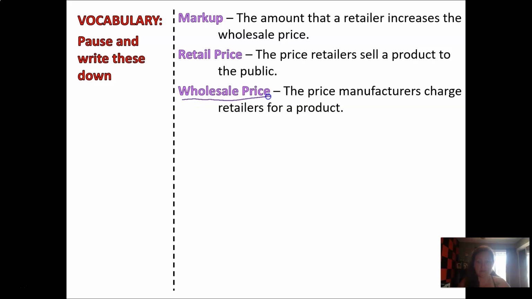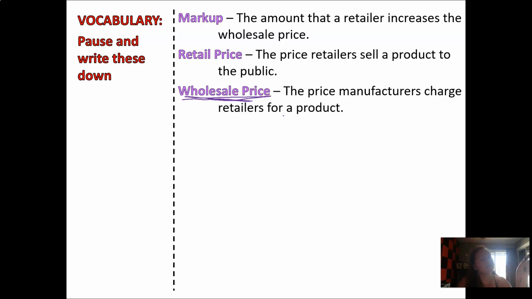So wholesale price. Wholesale price is the price that manufacturers charge retailers for a product. Okay, so think a pair of pants. Okay, so like a company makes the pair of pants, right? And then that company or factory or whatever, they sell them to the store that we go buy them at, right?